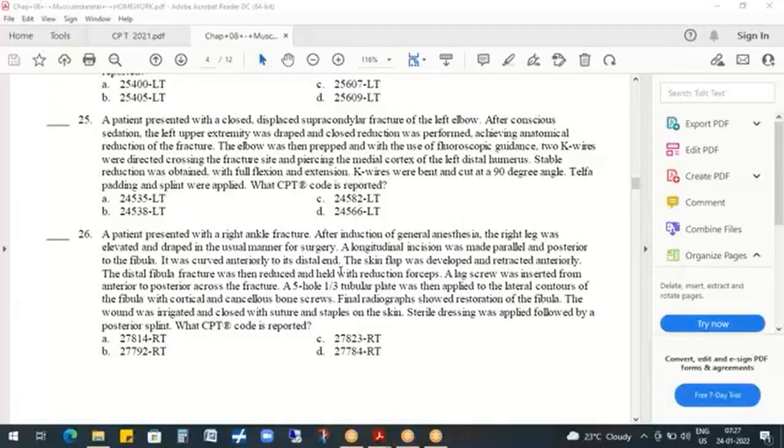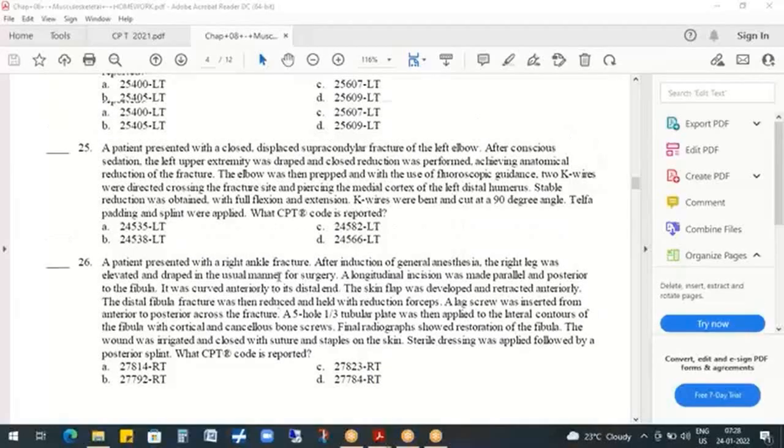Sir, 24535. Everyone, see, this is a closed treatment. Now try to see the terminology in the question. Is there any placement of nails, rods, open incision? No. Is there any placement of pins across the fracture site under guidance? No. Reduction means manipulation. 24535. Understood everyone the question?